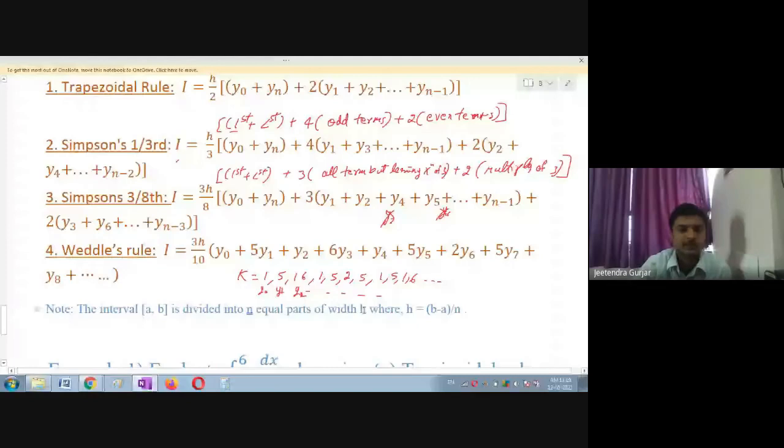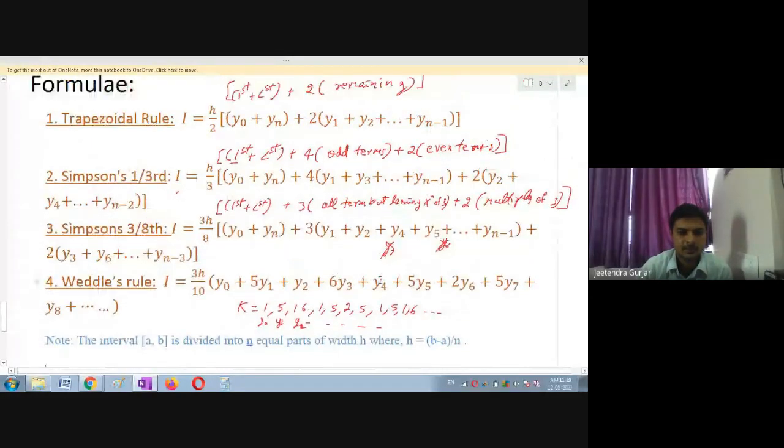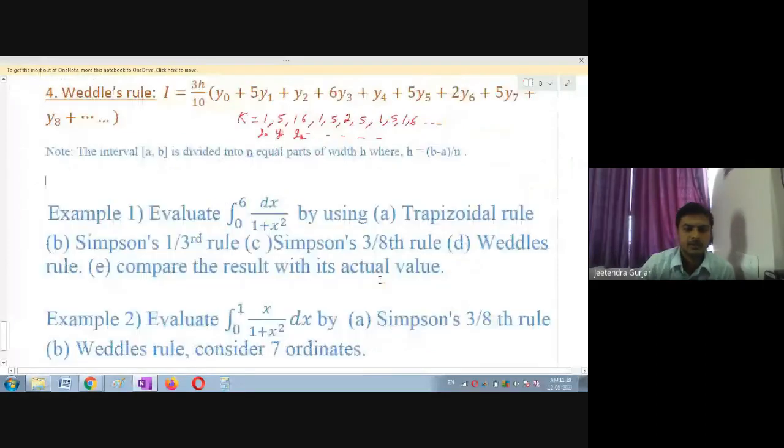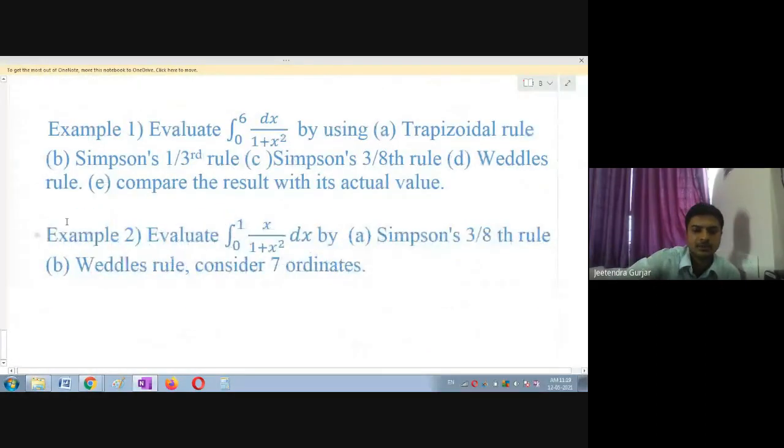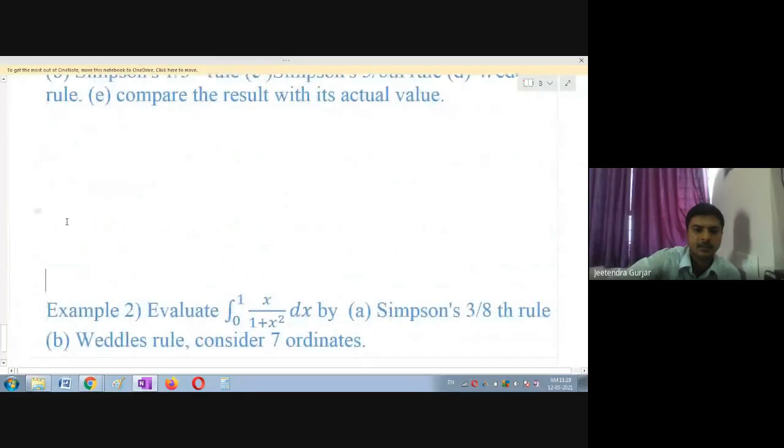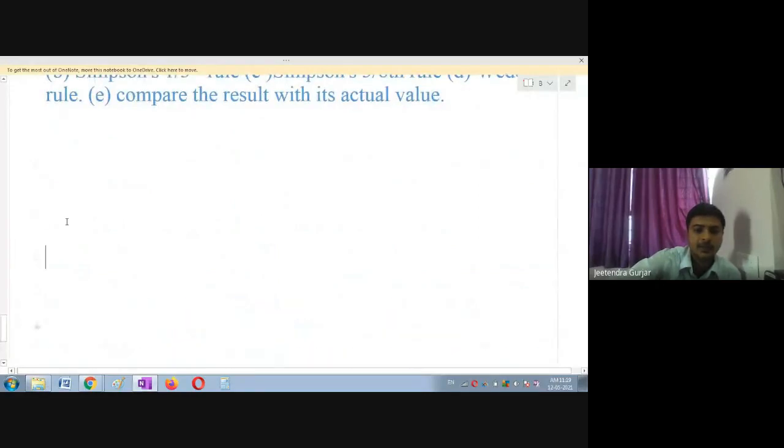So please remember width is h, that is the interval, where h is given by b minus a upon n. This is upper limit b minus lower limit a divided by how many equal strips there are, so we divide by n. So this is a small idea about how you are going to solve this example, students. We are going to solve it today. This is a very important example, students. Please note down and we will simplify. If you have any doubt, please tell me.